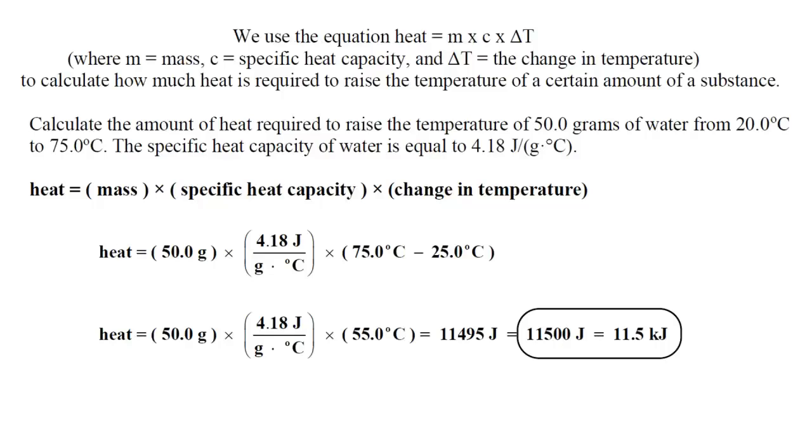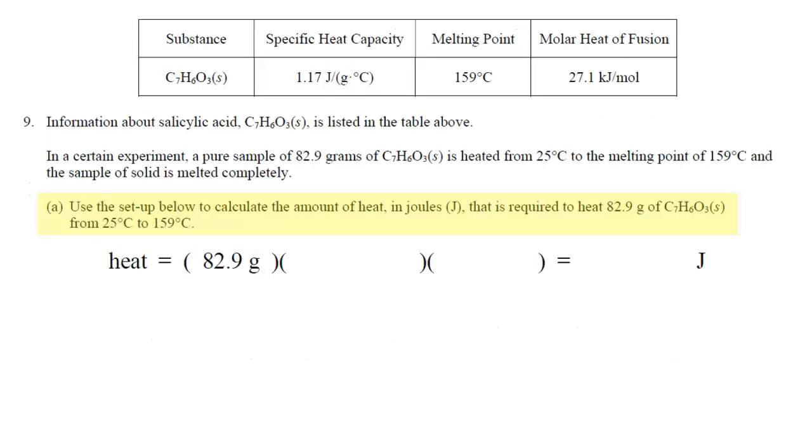And I'll just call your attention to the fact that when we're doing these types of problems involving a change in temperature, the heat required to raise the temperature would be mass, so mass in grams, times the specific heat capacity, which has units of joules per gram degree Celsius, and then times the change in temperature. So mass times specific heat capacity times the change in temperature. That's how we're going to solve part A of this question.